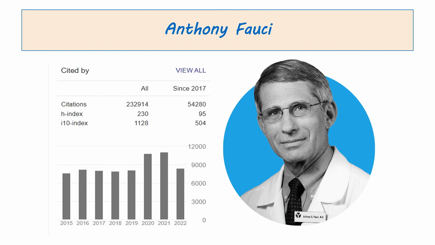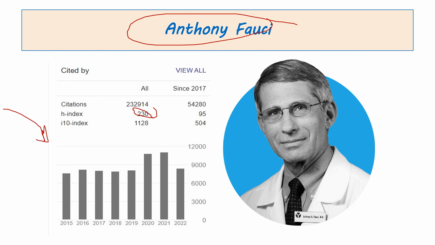Unless you are Anthony Fauci. Anthony Fauci is the director of the National Institute of Health in the USA with an H-index of more than 230, a very huge H-index, which is an index to measure the research level and quality of researchers.